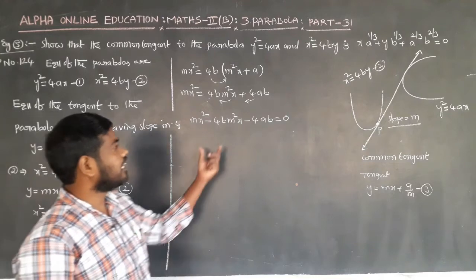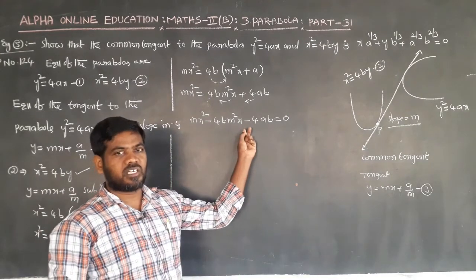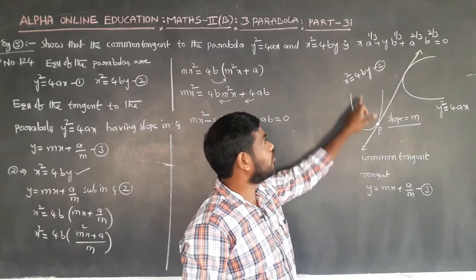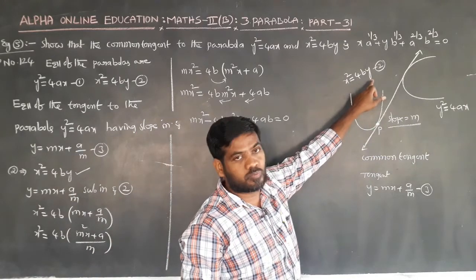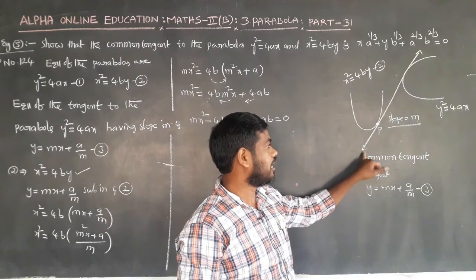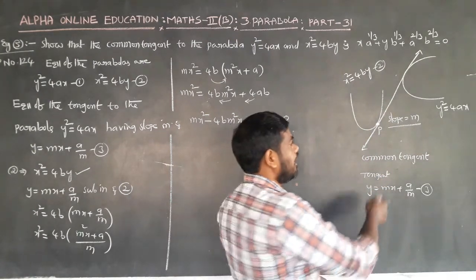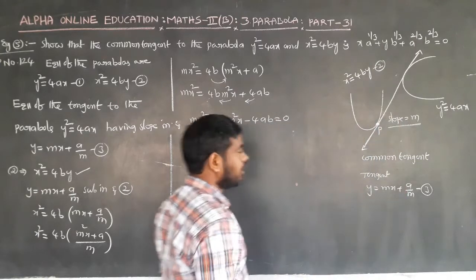This is a quadratic equation in x. Here two curves x square is equal to 4by and the line y is equal to mx plus a by m have a common root.